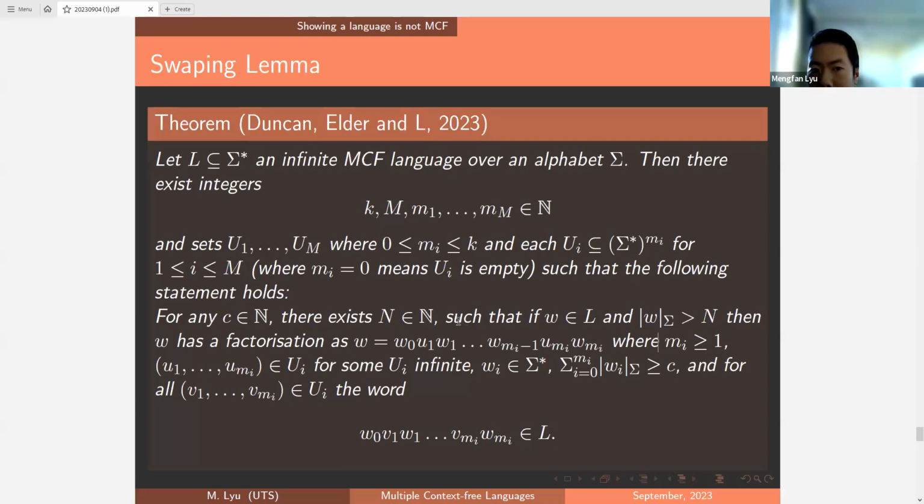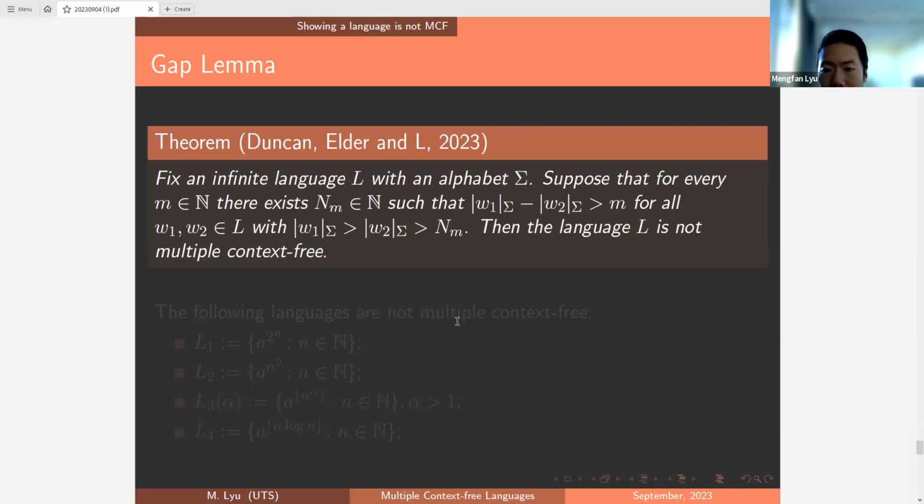Also, using this theorem, we can have another theorem that we call the gap lemma. If you are given an infinite language L and the corresponding alphabet sigma, we can define the length of each word in this language.